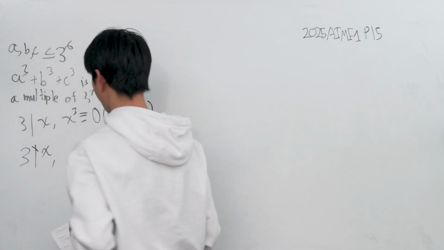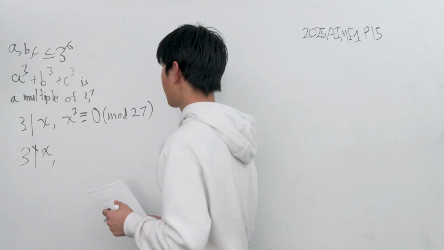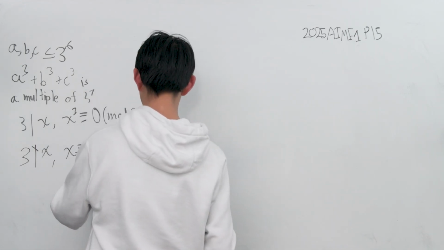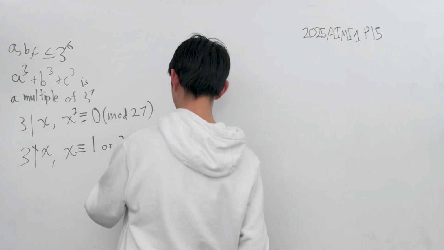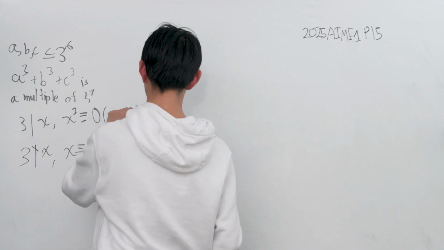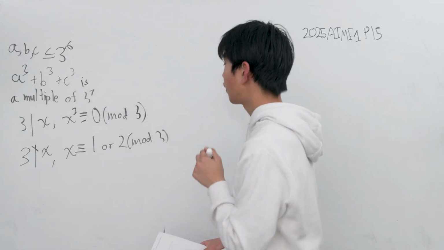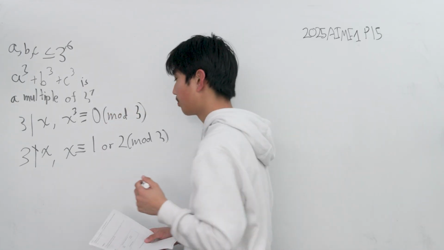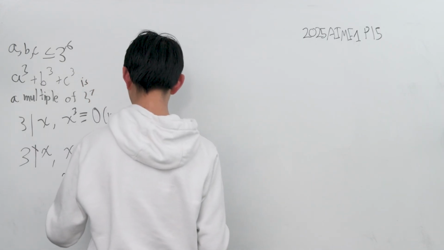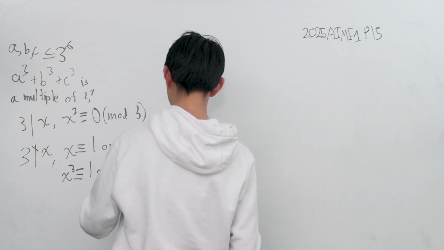If 3 doesn't divide x, then x has to be congruent to either 1 or 2 mod 3. So, therefore, for this case, x cubed would be congruent to 1 or 8 mod 9.